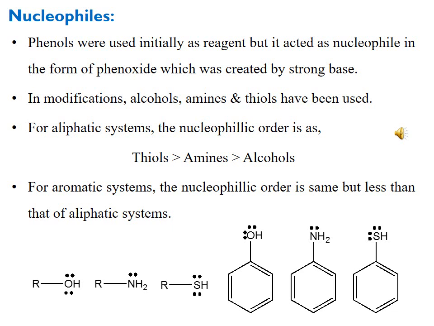The order of nucleophilicity for aliphatic or aromatic systems is similar: thiols are more nucleophilic than amines, which are more nucleophilic than alcohols.